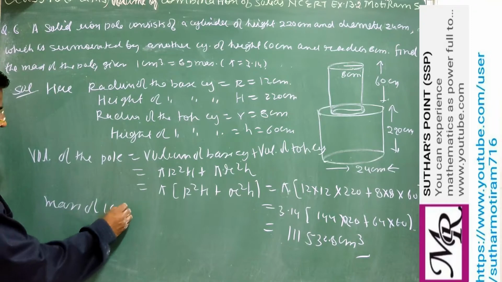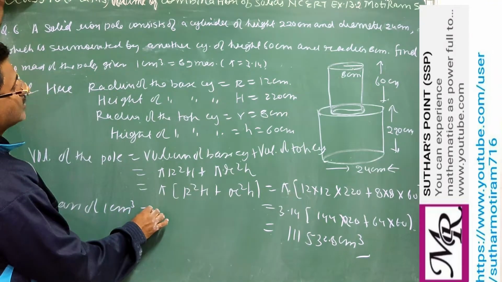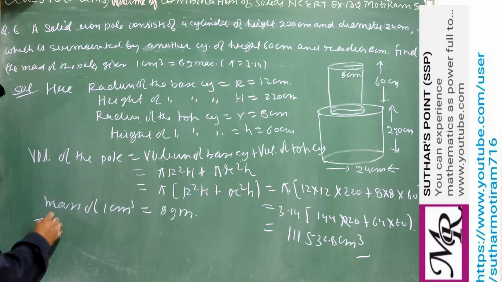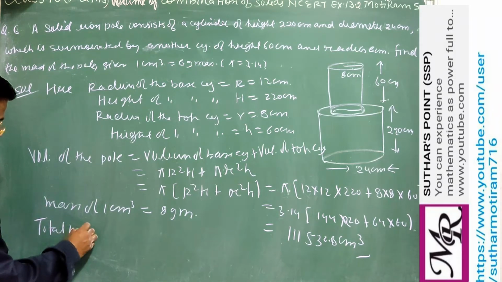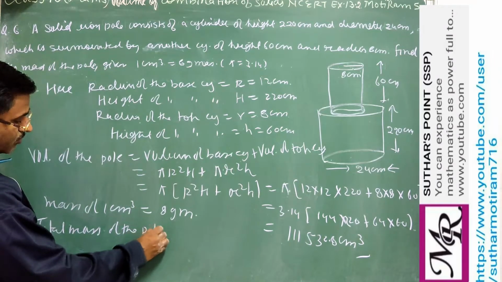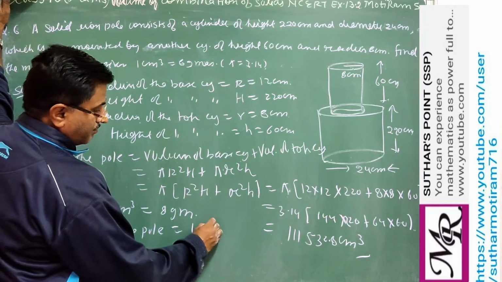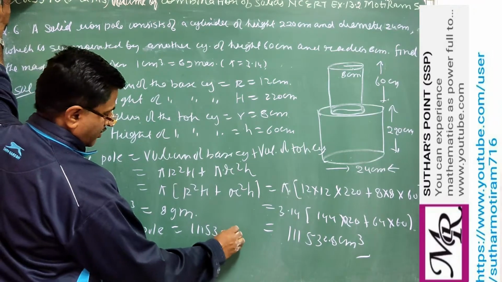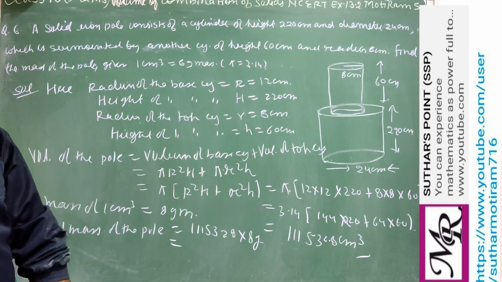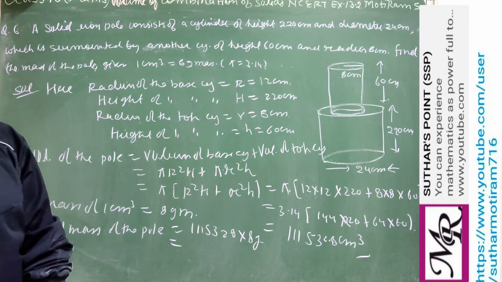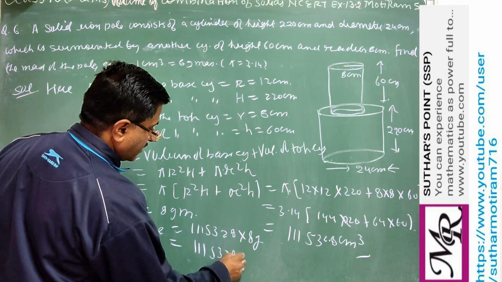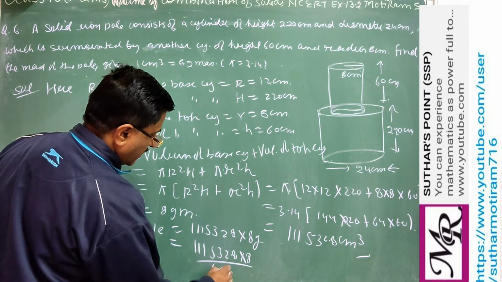Now we are given the mass of 1 cubic centimeter is equal to 8 gram. So the total mass of the pole will be the volume multiplied by 8 gram. So that will be in gram, and if you divide by 1000, so 111,532.8 into 8 by 1000.